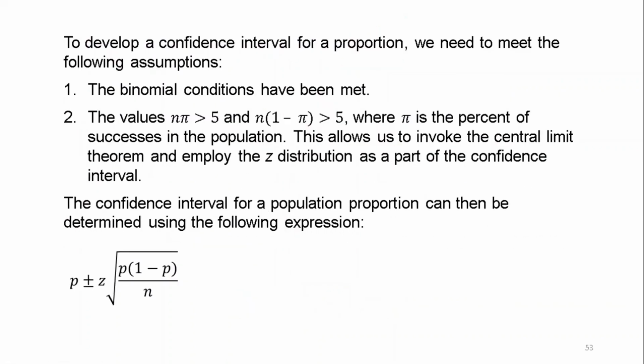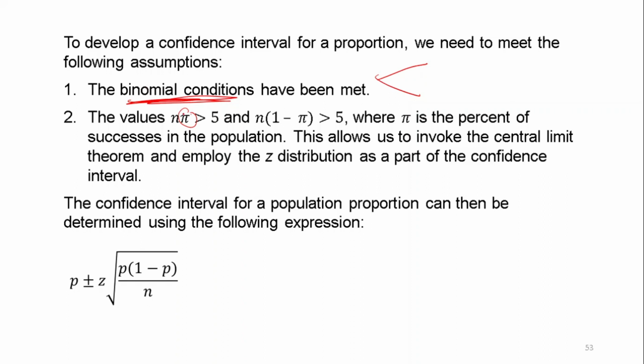To develop a confidence interval for a proportion, we need to meet the following assumptions. First, it should meet the binomial condition, which is that we have only two possible outcomes, success or failure, or true or false. And then the value of n pi must be greater than 5. Pi actually is the percentage of successes in the population.